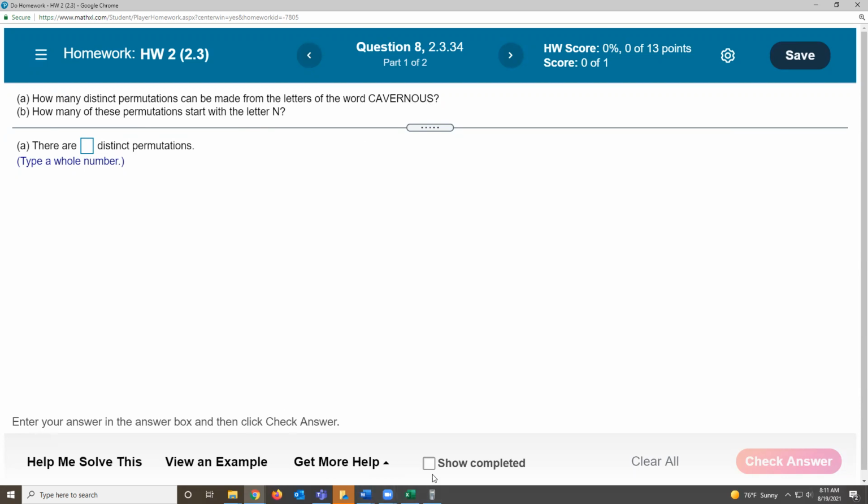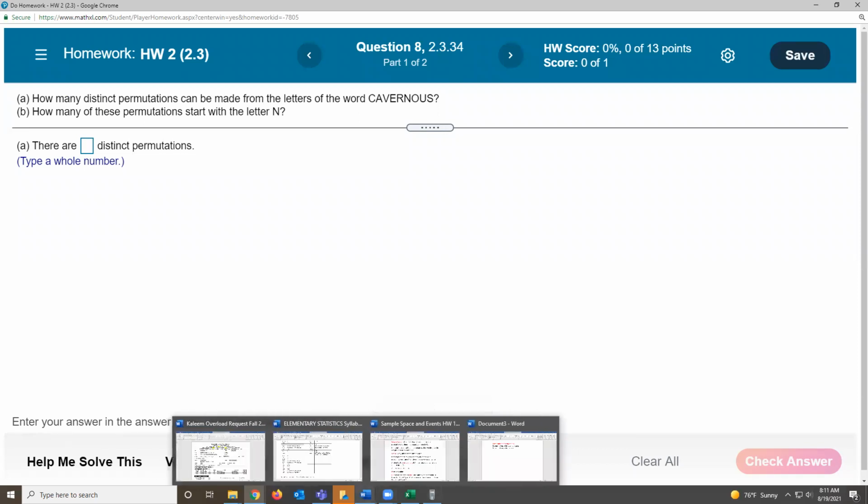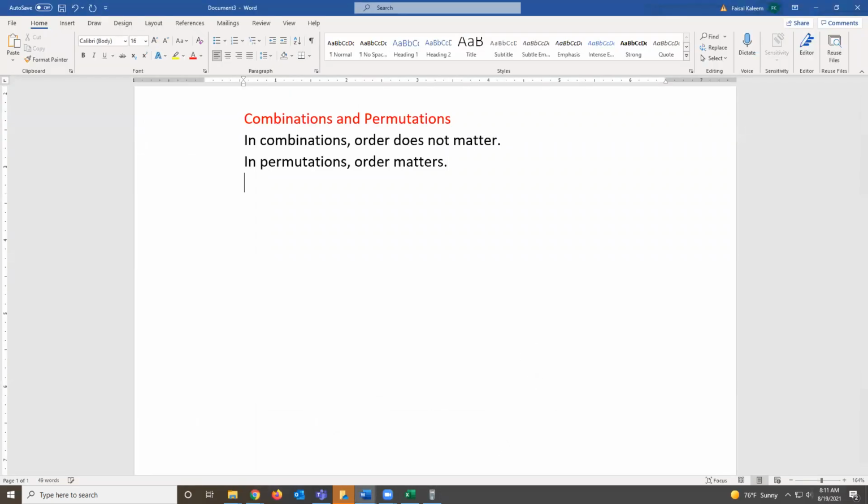And if you have n distinct letters, then the number of permutations that can be made is n factorial. So we can write that down. The number of permutations of n distinct letters is n factorial.